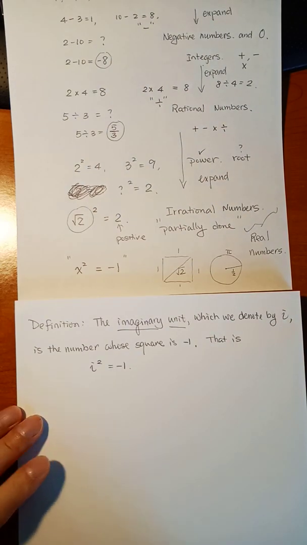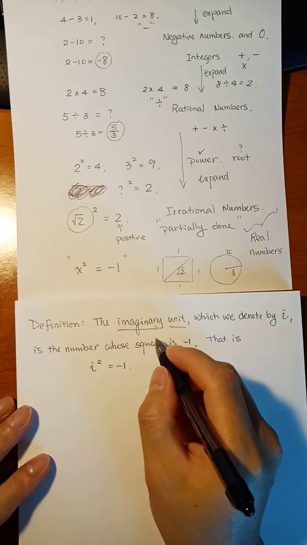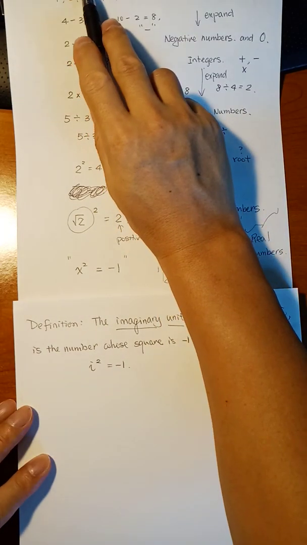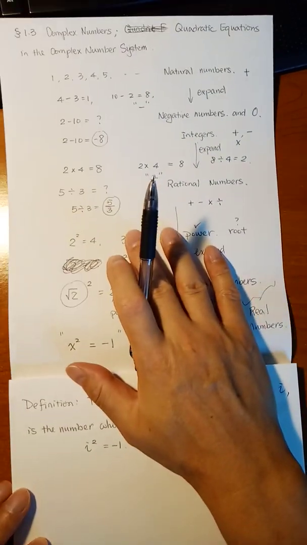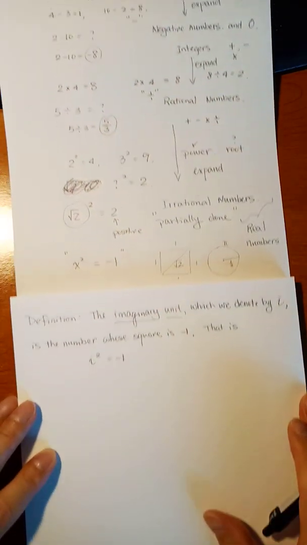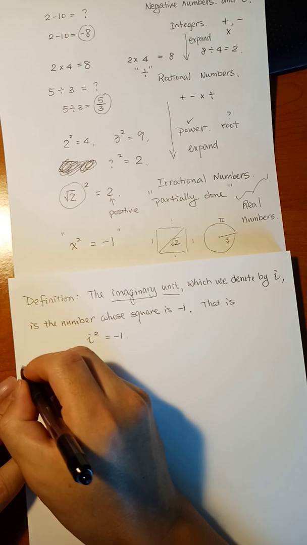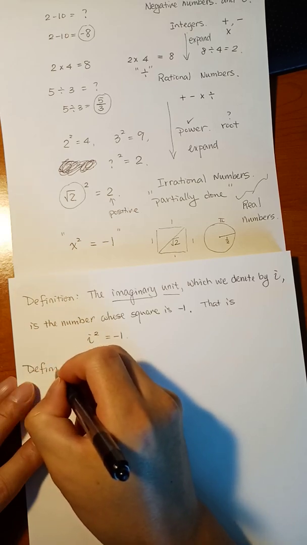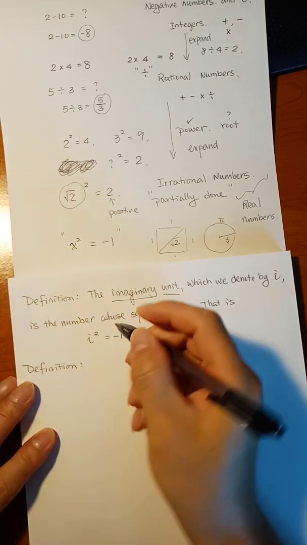Okay? So now with the imaginary unit, we can define the so-called complex number system. What is a complex number system? You see the second definition.